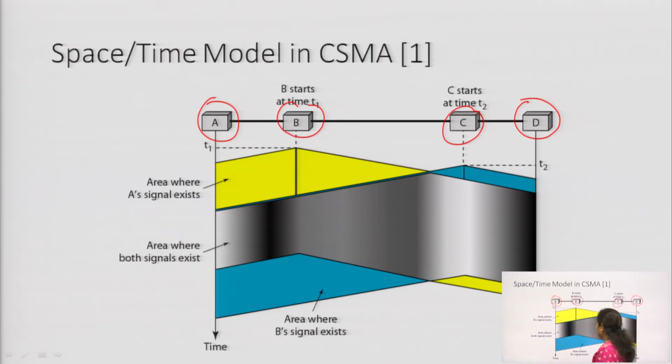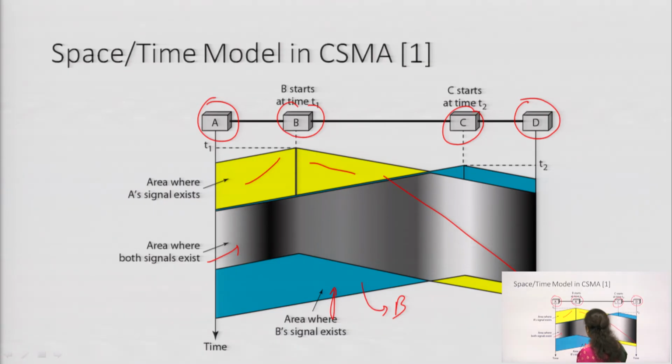Then at the time instant T1, A started the data, the area where A's signal exists is denoted by this yellow color. This is overlapping up to this point, this A signal will be transmitted. Now, this is the area where both the signals will exist, where this A signal and this C signal both will exist. Now, this is the B signal which exists, shown by this blue color.